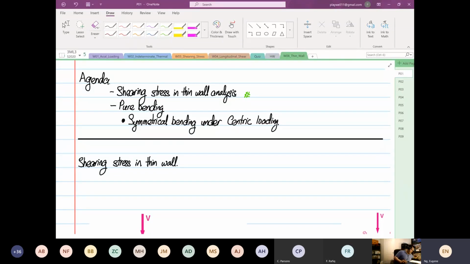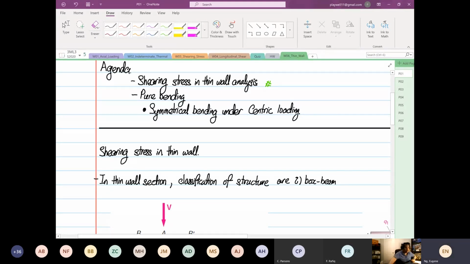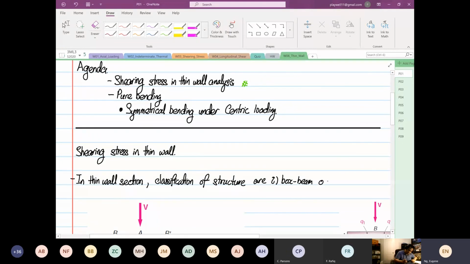So in the thin wall section, the classification of structures are, number one, either a box beam section, or the second one is a wide flange.